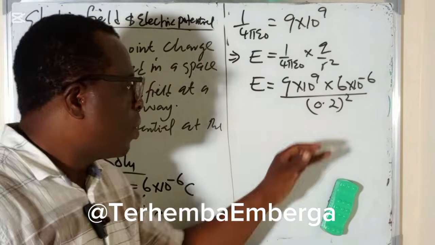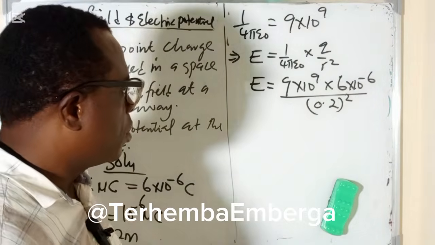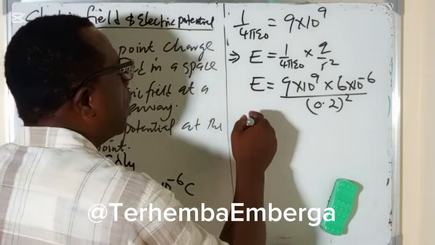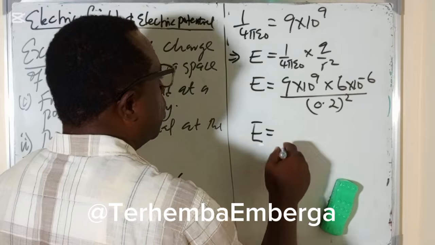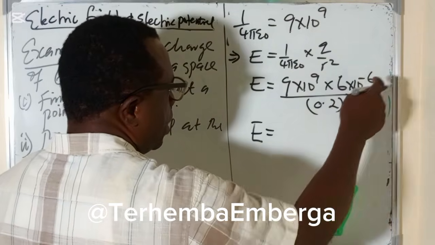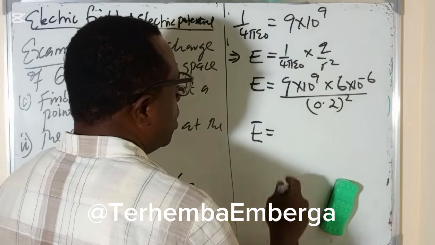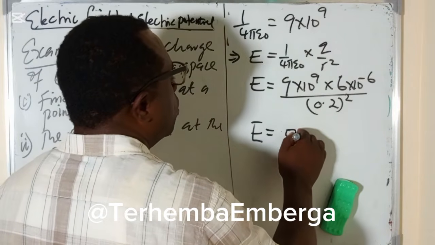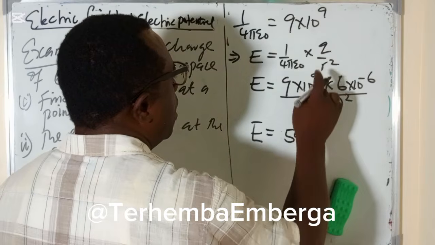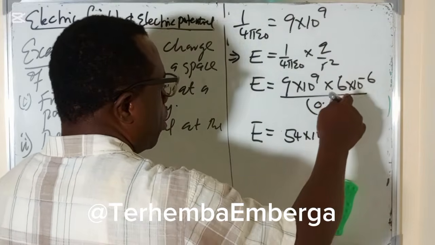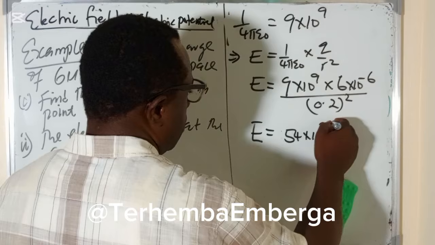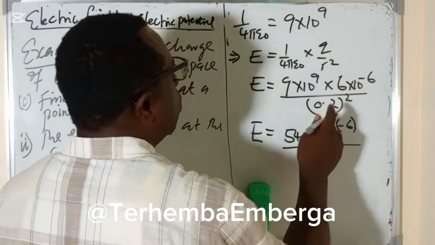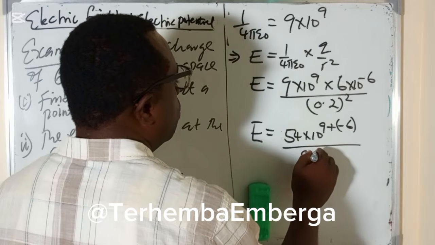Many students, when they see this, get confused and start looking for a calculator. You don't need to bother yourself. We can do without a calculator. E is equal to, this is the same base, so we normally add the powers. 9 times 6 is 54, times 10 raised to power 9 plus minus 6, divided by, if we square this 0.2, we have 0.04.